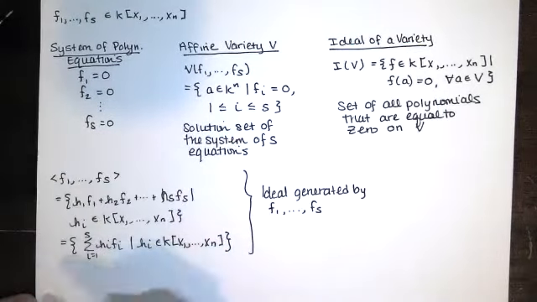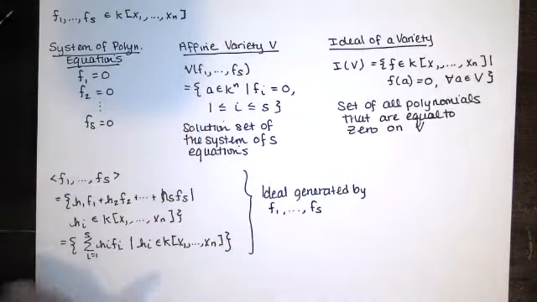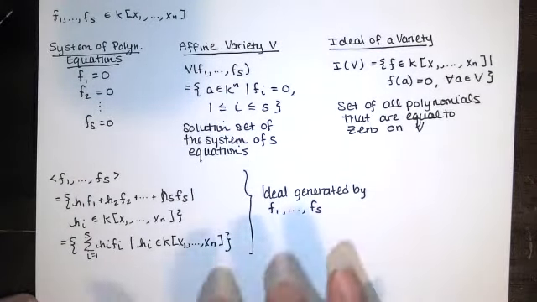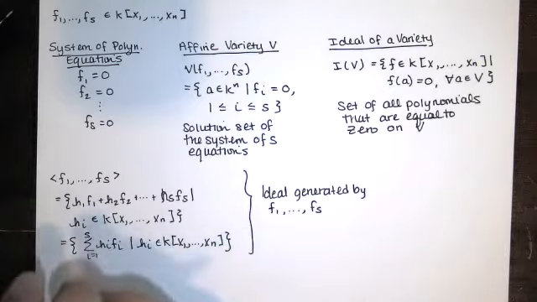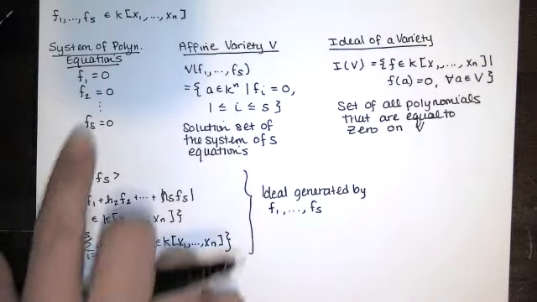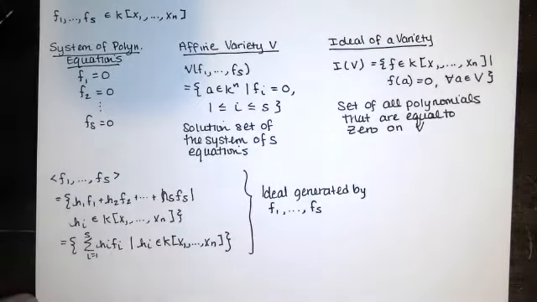Since all of these polynomials are 0, when I multiply by other polynomials and add them together, I'm still going to get 0. So the ideal generated by f sub 1 through f sub s is the set of all polynomials that must be 0 if this system of equations is satisfied.